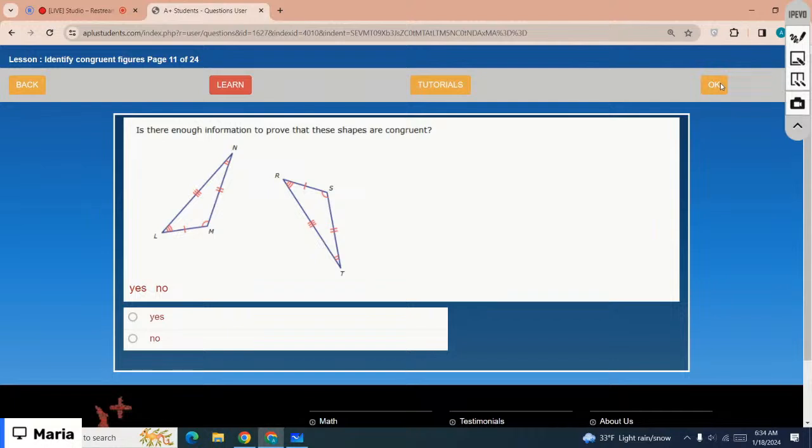Is there enough information to prove that these shapes are congruent? I think yes. The correct option is yes.